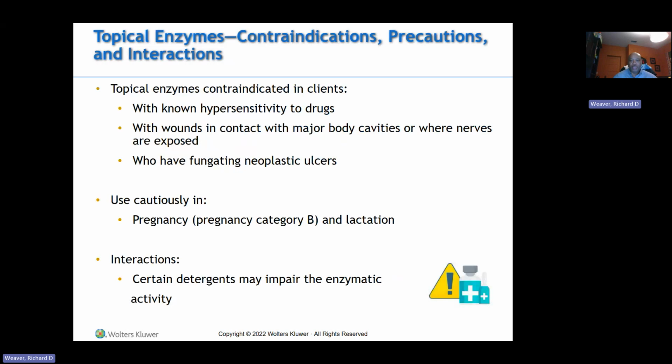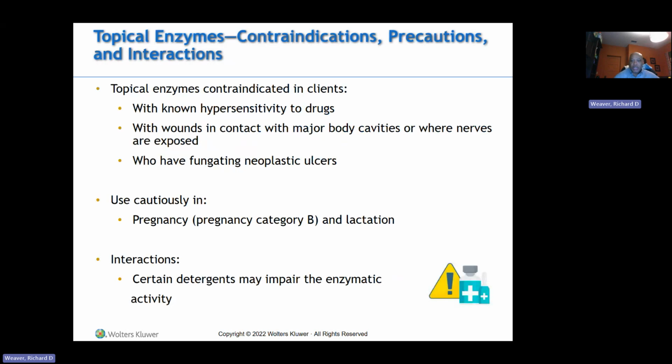Sometimes patients have these injuries where the nerves are exposed, and you don't want to apply these topical applications to those areas because they can be absorbed and they can destroy the nerves. And as far as major body cavities, they can reach certain internal organs, if you will. And so that would not be a good thing.